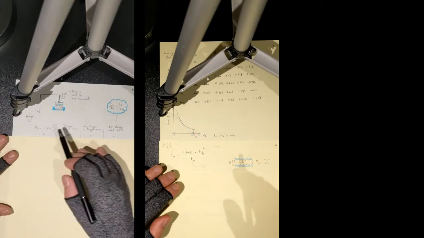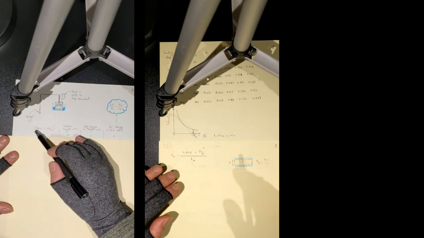Right, so let's move on. At the beginning of the test, the pressure which is applied to the soil sample obviously is 0.